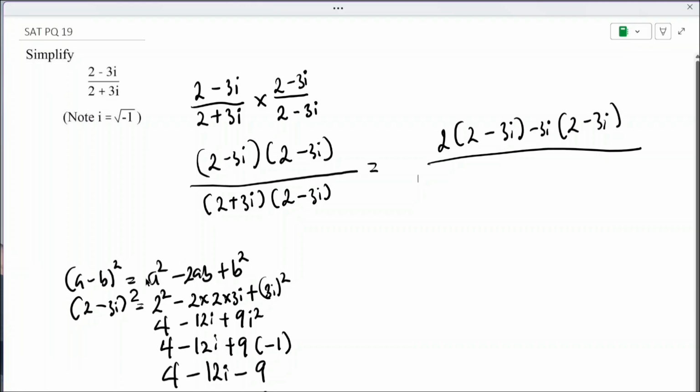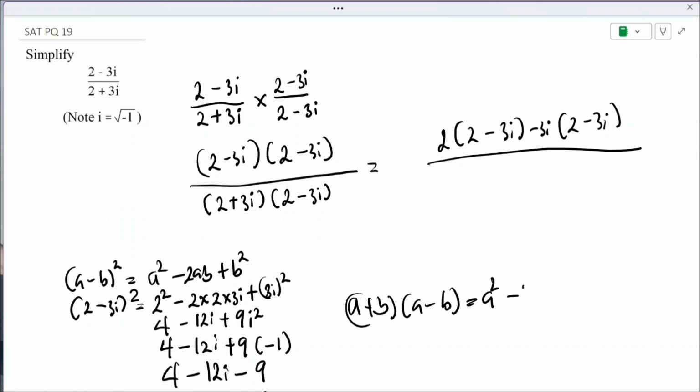In that case, a plus b in one bracket and a minus b in the other is the same thing as a square minus b square. It might be the negative before the positive, but one must have a positive and the other must have a negative. Noting that your a is 2 and your b is 3i, you'll be having 2 square minus 3i all square.